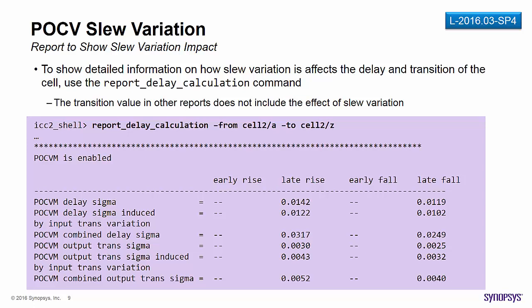In this slide, you can see POCVM delay sigma induced by input slew variation, POCVM combined delay sigma, POCVM output slew sigma induced by input slew variation, and POCVM combined output slew sigma.